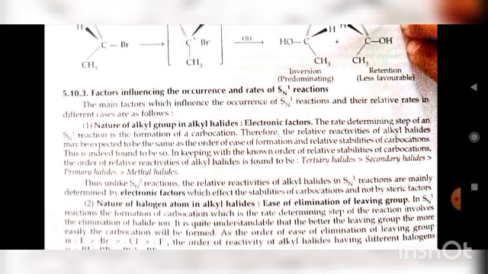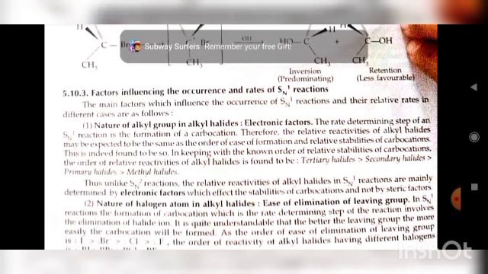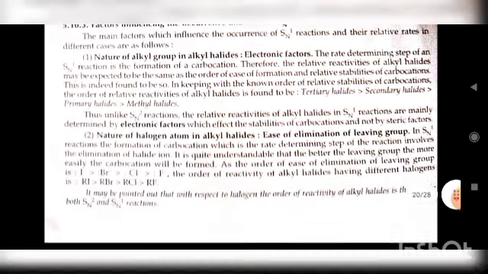Unlike SN2 reactions, the relative reactivities of alkyl halides in SN1 reactions are mainly determined by electronic factors which affect the stabilities of carbocations, and not by steric factors. Nature of halogen atoms in alkyl halides, ease of elimination of leaving group. In SN1 reactions, the formation of carbocation is the rate determining step, so the more easily the leaving group departs, the more easily the carbocation will be formed.